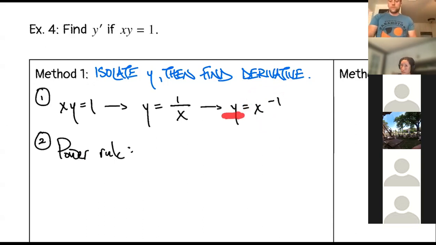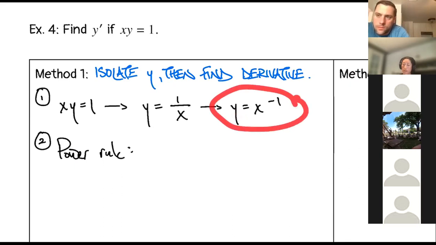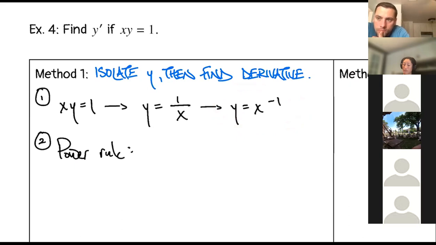What is the derivative of y? When I apply the rules, here's my equation. Whatever I do to one side, I have to do to the other side. If I'm going to take a derivative of the x to the minus 1, I'm also taking the derivative of y.